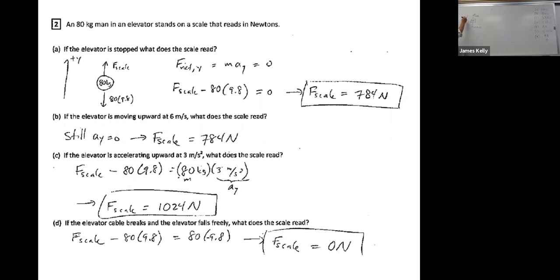In order to apply F net equals ma, I could take plus y to be up. You could put plus x in there. Again, there's no forces in the x direction. There's no motion in the x direction, so we're not really going to use F net x equals max. And then the third step, the sum of the force y components equals may.